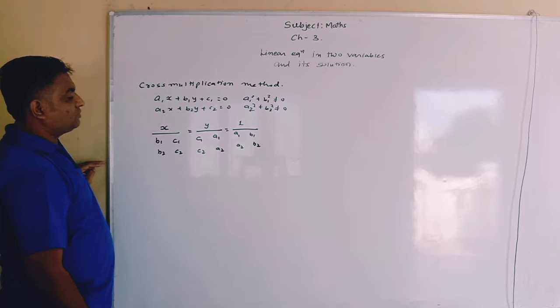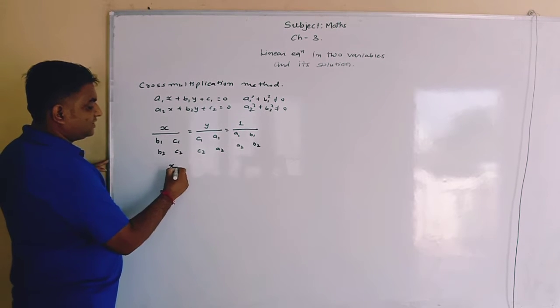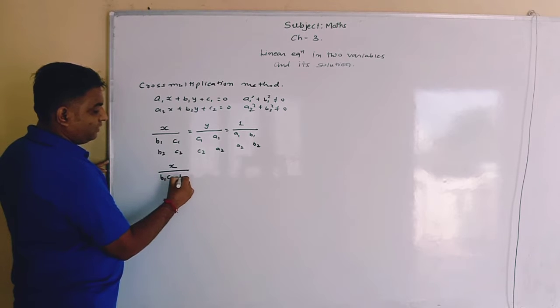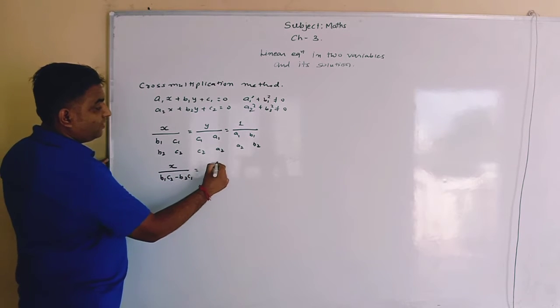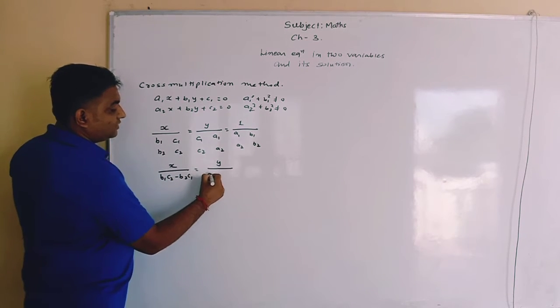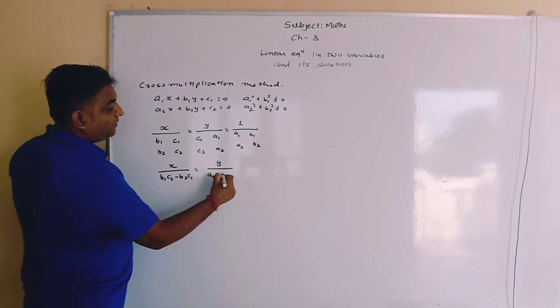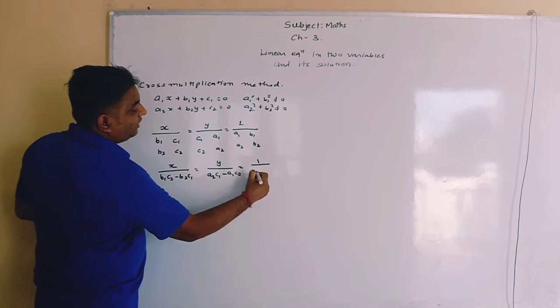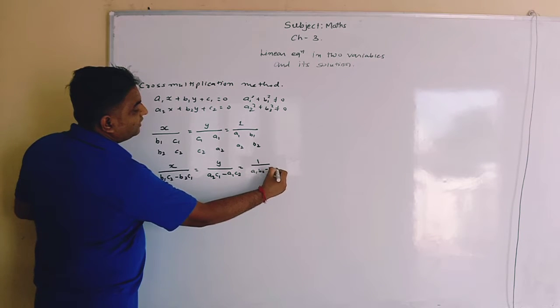Now we take the cross multiplication, then x upon b1 c2 minus b2 c1, y upon c1 a2 minus a1 c2, and 1 upon a1 b2 minus b1 a2.